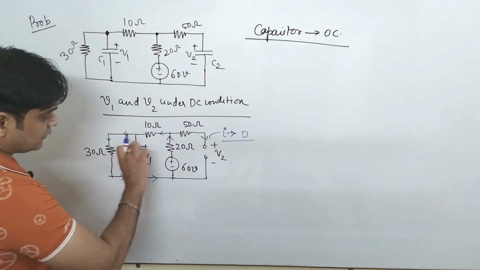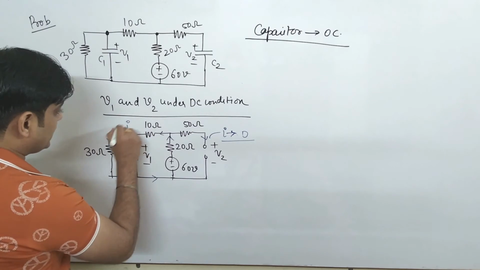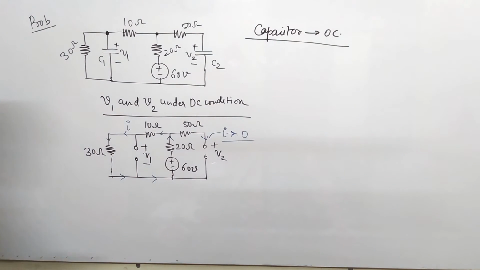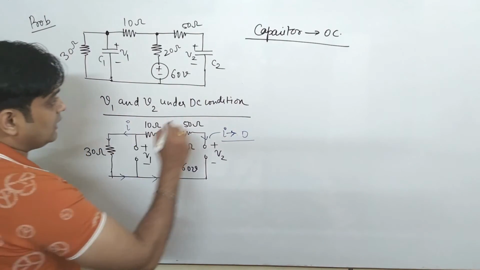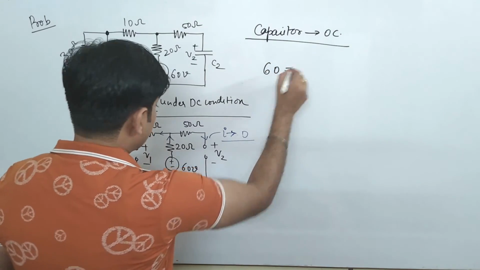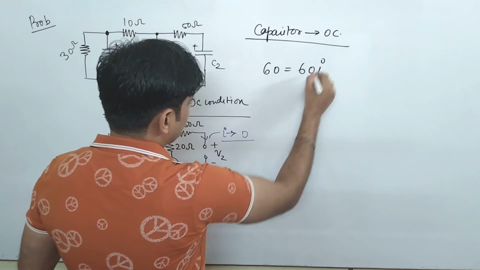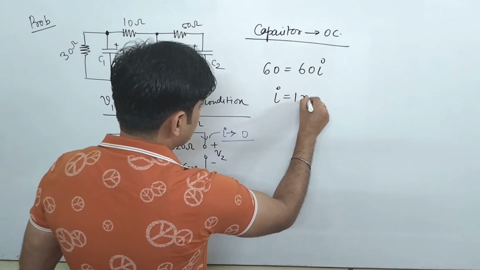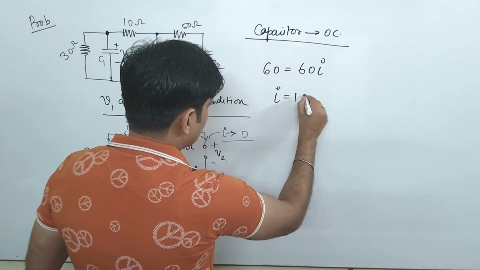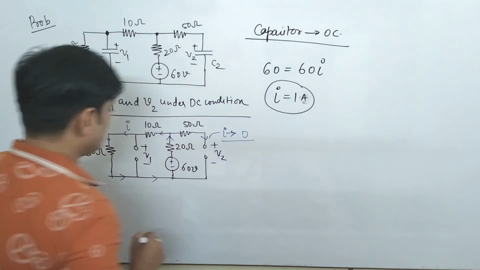If you say this current is I, you can just apply one KVL. So minus 2 plus 60 is equal to 20, 30, 30, 30, 60. So that is 60 of I. So you can say that I is equal to 1 ampere. This is the value of I.